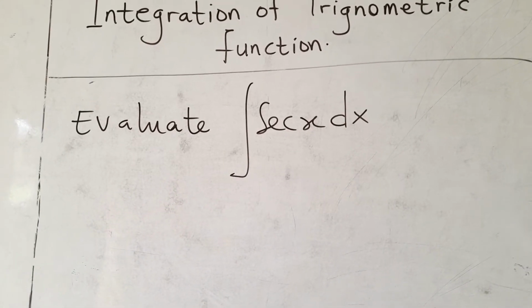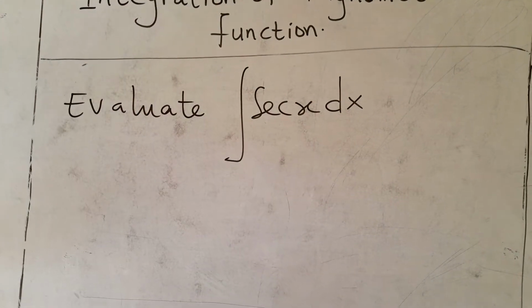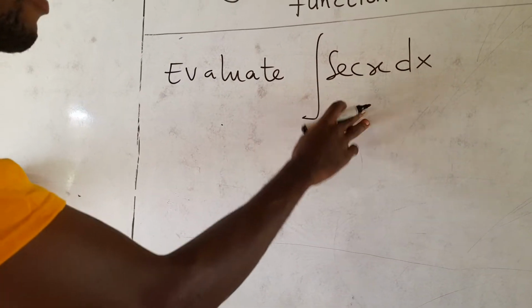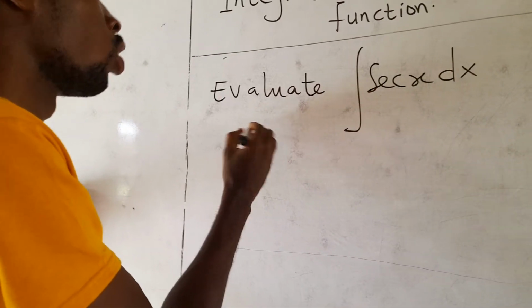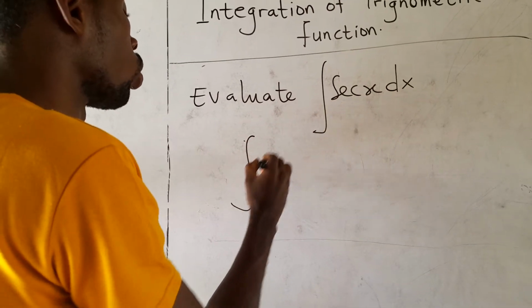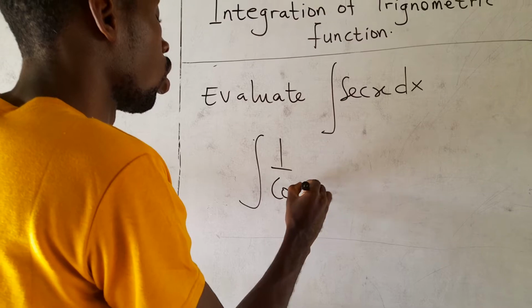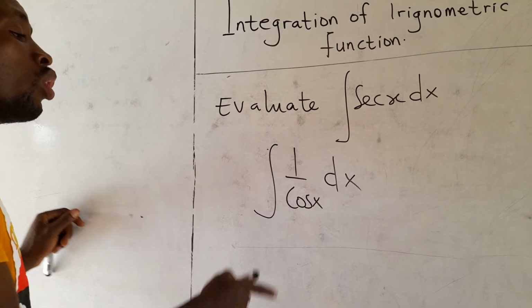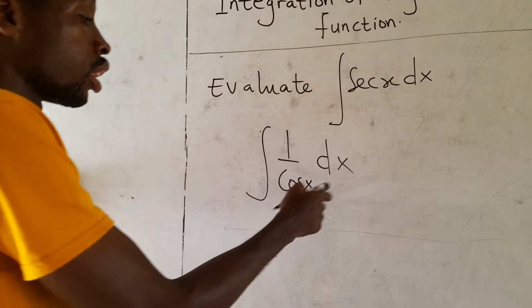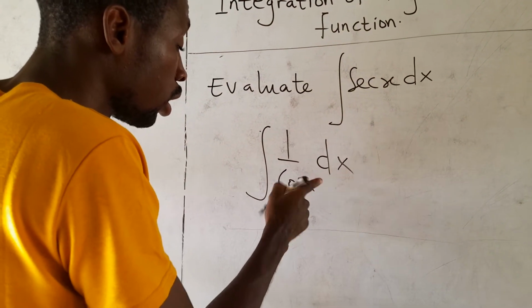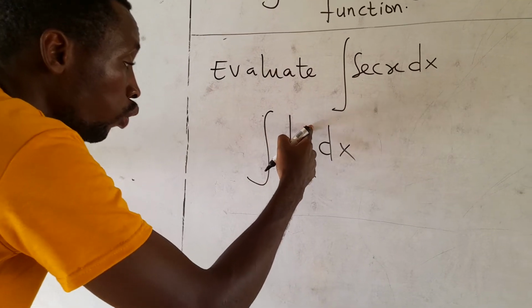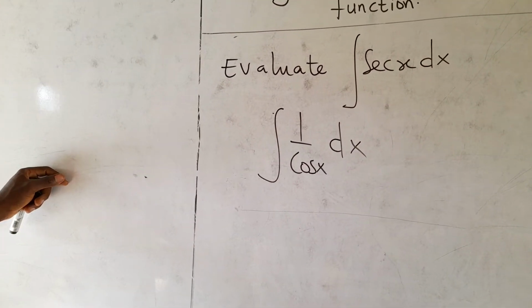So, how do we integrate this? We evaluate the integral of sec x dx. Remember, sec is the inverse of cos. So we can rewrite this as the integral of 1 over cos x dx. So what do we do? We can't just use any integration rule by substitution. We need to multiply both the numerator and the denominator by cos x.